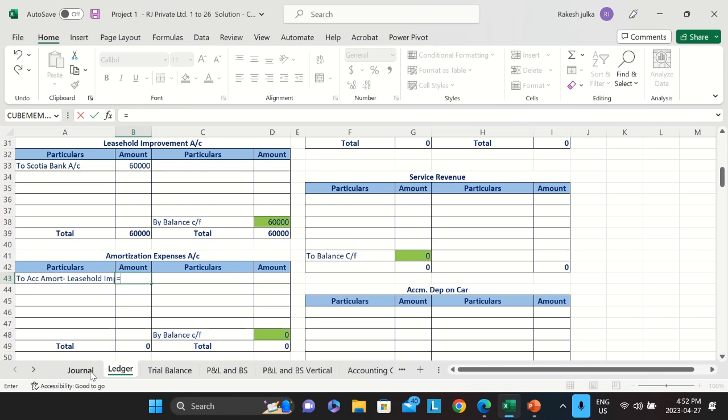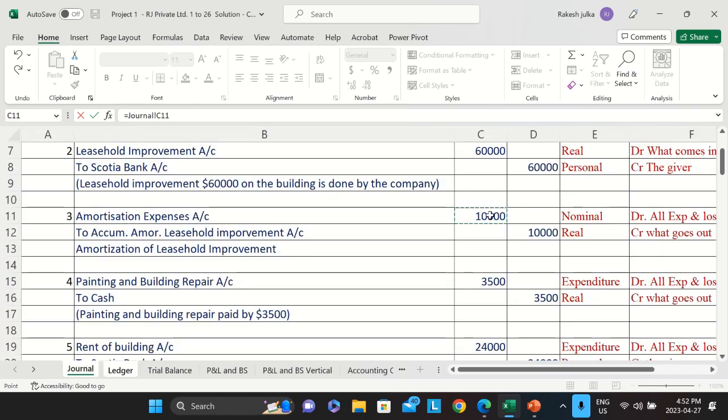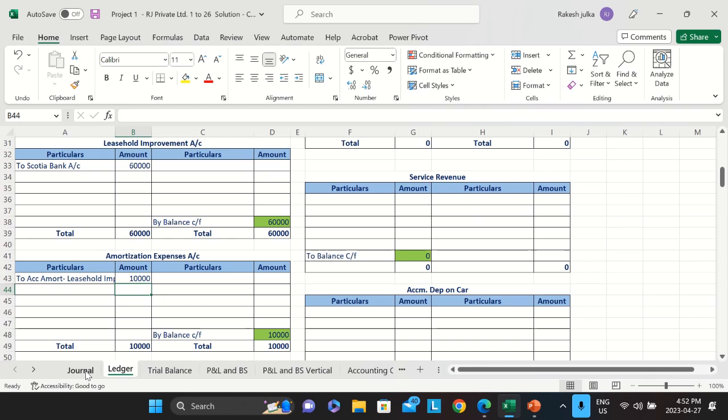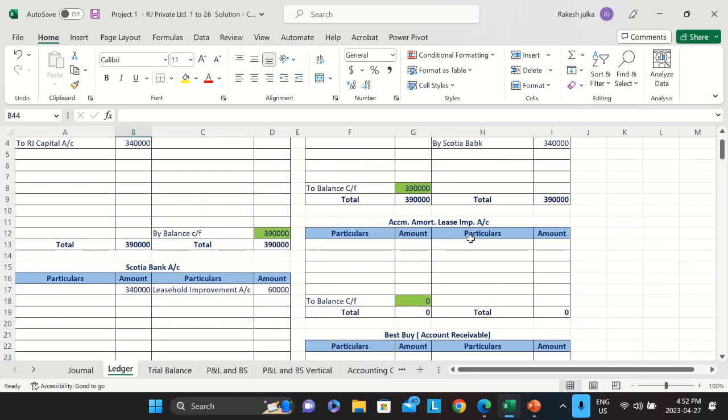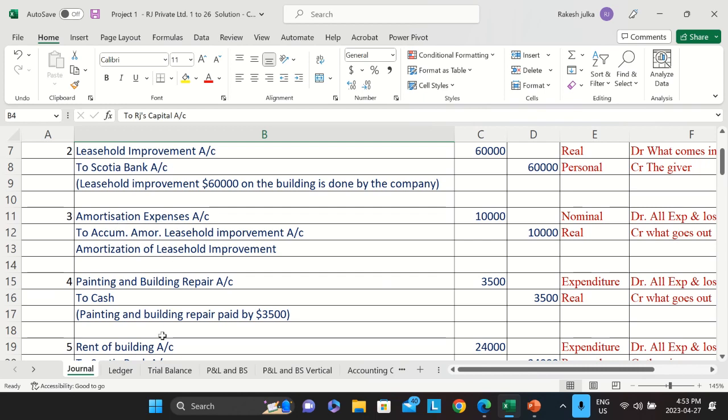The amount here is $10,000, and in amortization we will write amortization expenses. So what is accumulated amortization here? Accumulated amortization. Here we will write by amortization expenses.